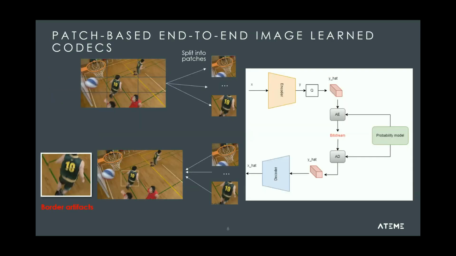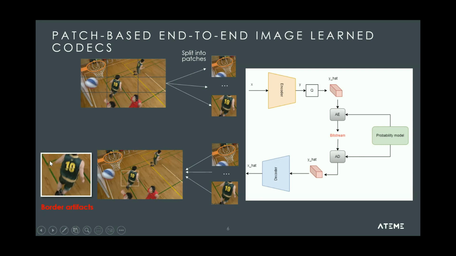So a simple solution to resolve this problem is to divide our image into patches. When we divide our image into patches, we will use our end-to-end image codec to code those patches, and after we have all the reconstructed patches, we will gather them in order to have the whole decoded image.